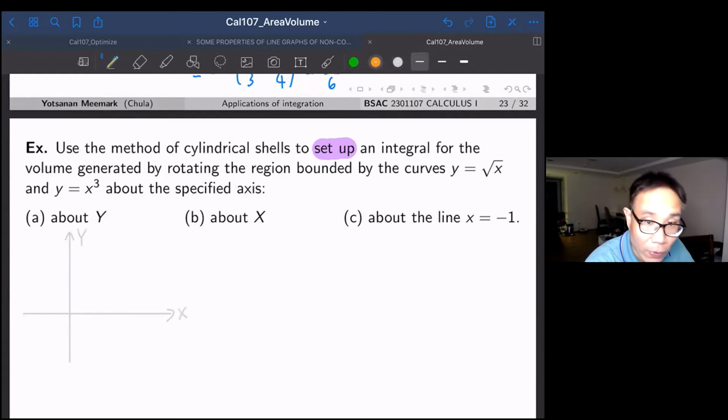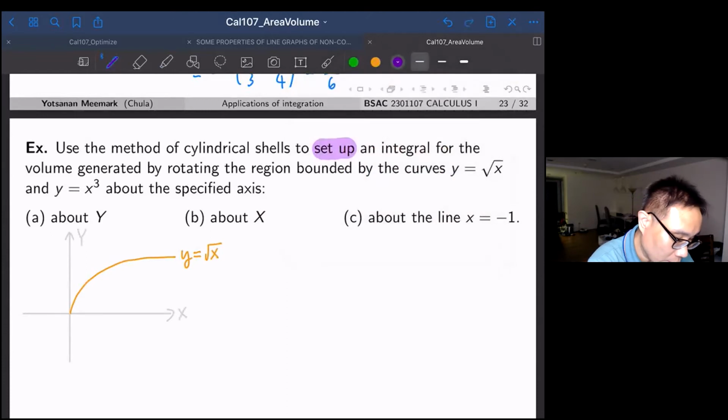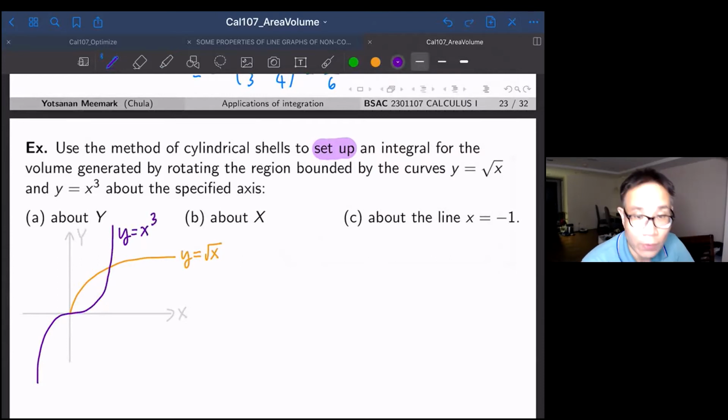So you get y equal to root x, and you have y equal to x cubed, which is an S-shaped curve like this. So this one is y equal to x cubed and y equal to root x respectively.